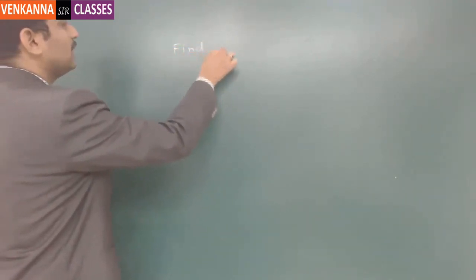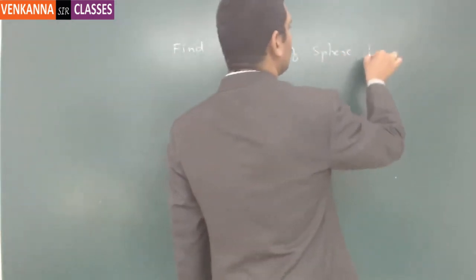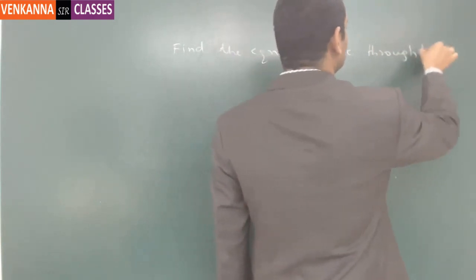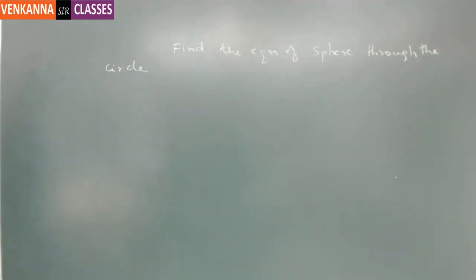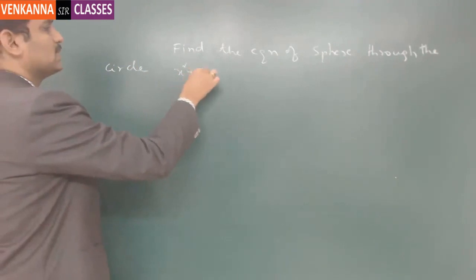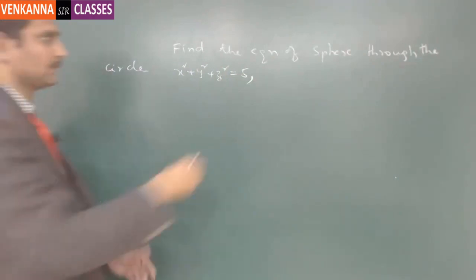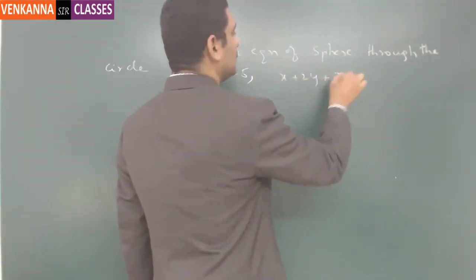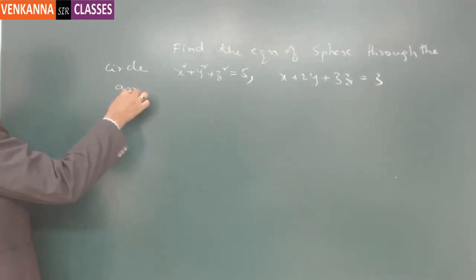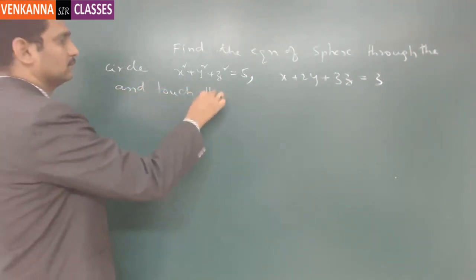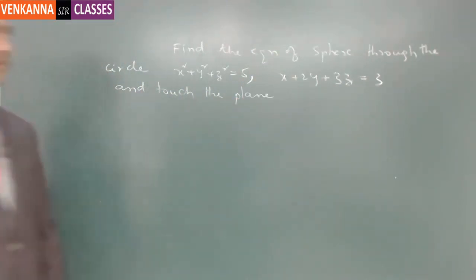The question type is very similar. Find the equation of the sphere through the circle x square plus y square plus z square equal to 5 and x plus 2y plus 3z equal to 3, and touching the plane 4x plus 3y equal to 15.